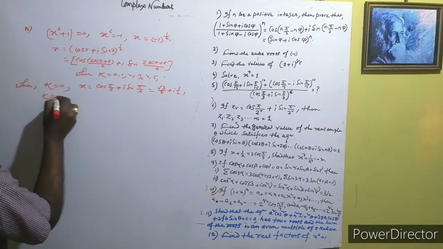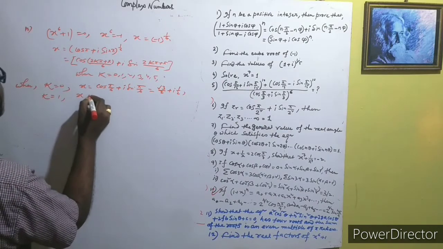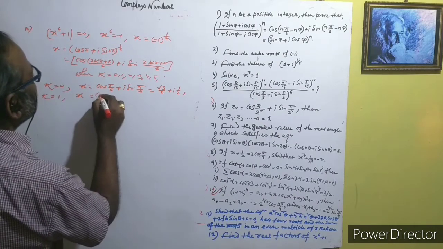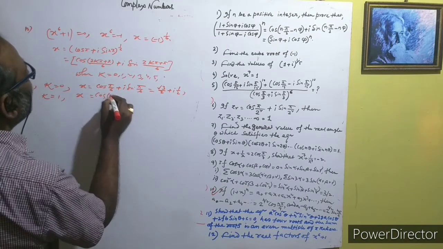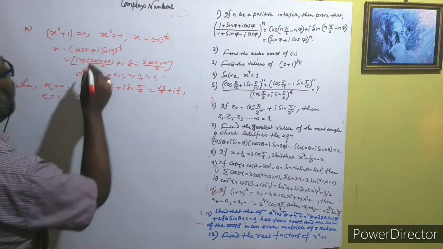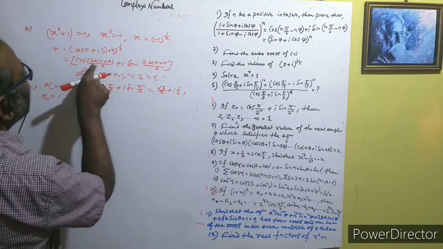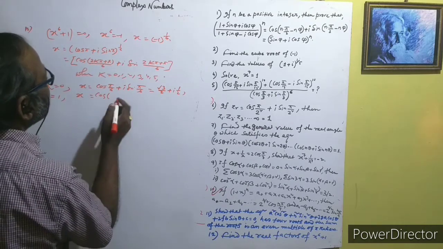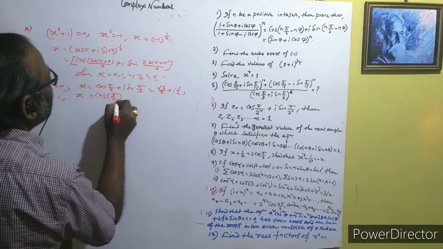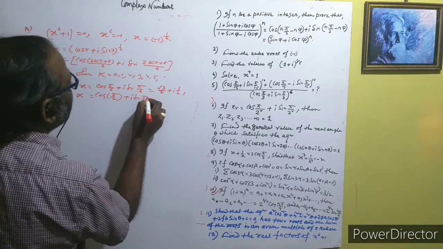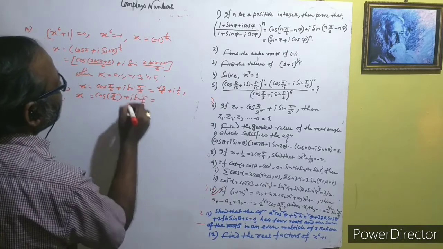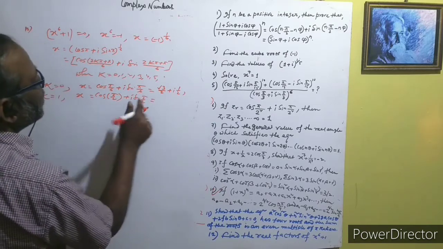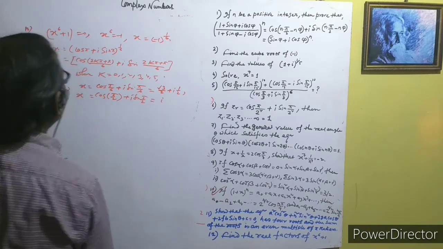When k is equal to 1, x is equal to cos 3 pi by 6, that is pi by 2, plus i sin pi by 2. So cos pi by 2 is 0 and sin pi by 2 is 1, giving i.